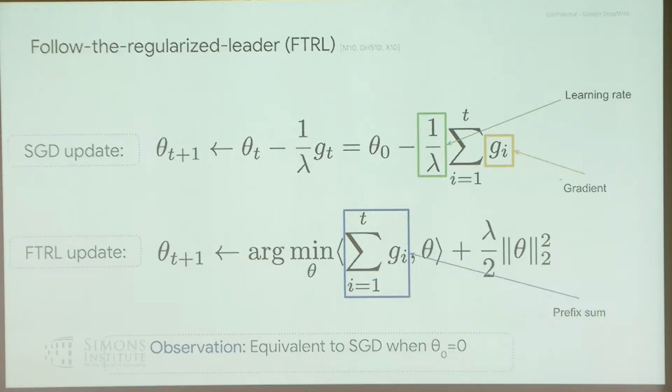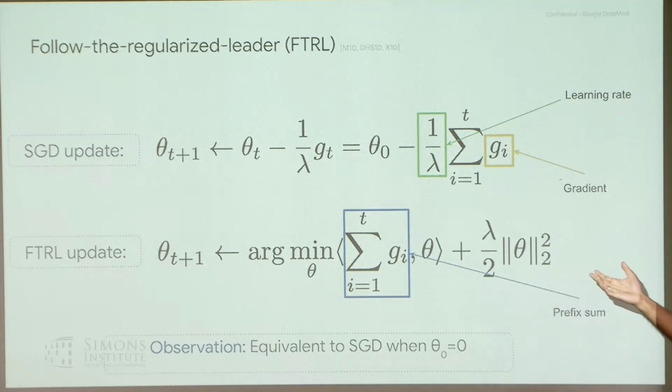Good. So FTRL, follow the regularized leader, has multiple names: follow the regularized leader, dual averaging, and I'm forgetting the third one. It was independently invented by three sets of papers: McMahan in 2010, Duchi et al. in 2010, and Lin Xiao in 2010.